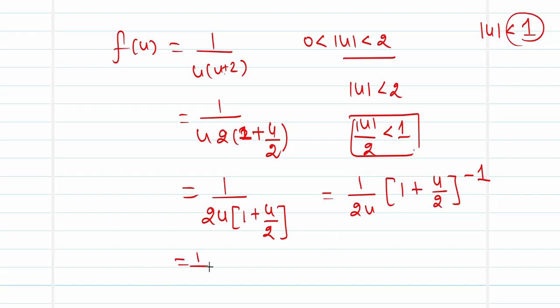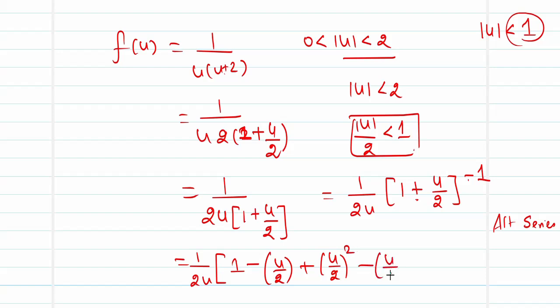Now we can have the series expression with one positive and the next negative term, which means we need alternately positive and negative terms to be generated. So it is 1 minus (u divided by 2) power 1 plus (u divided by 2) to the power of 2 minus (u divided by 2) to the power of 3, and so on the series moves.